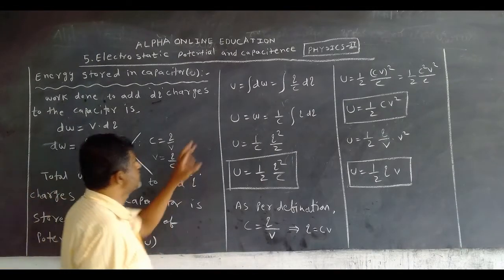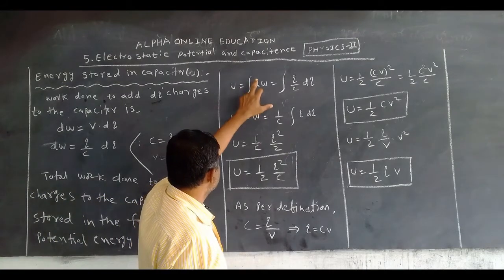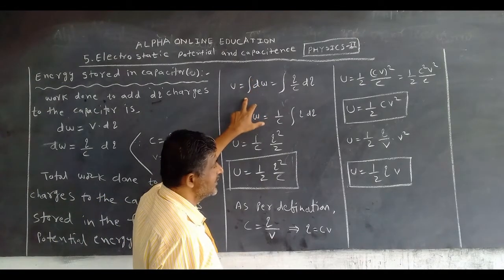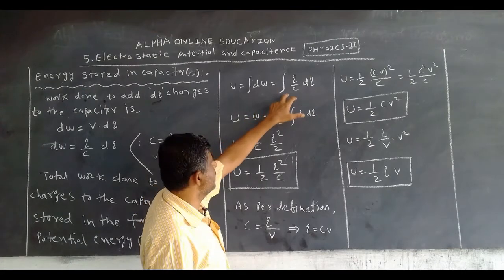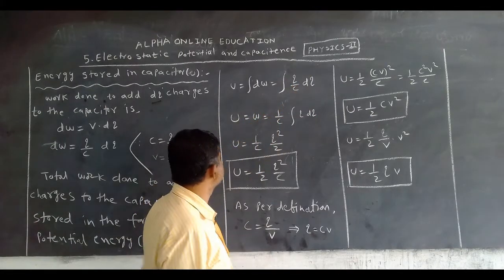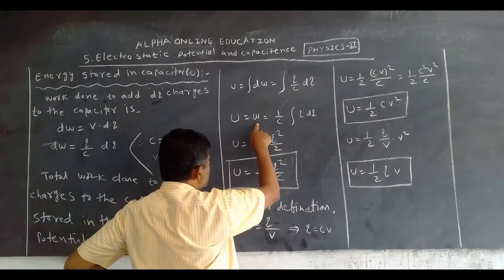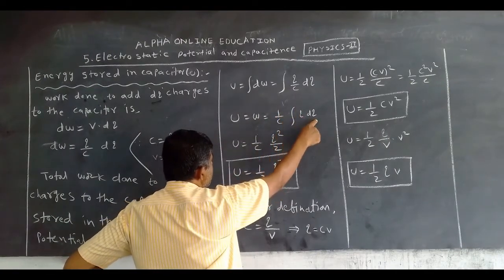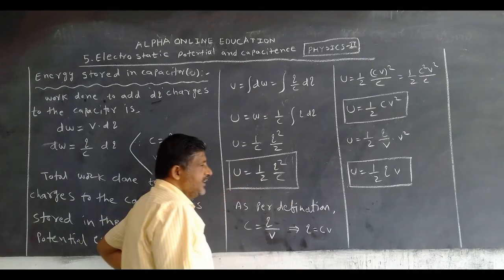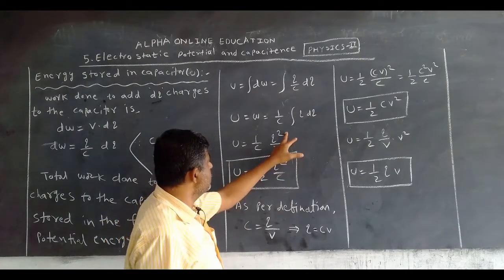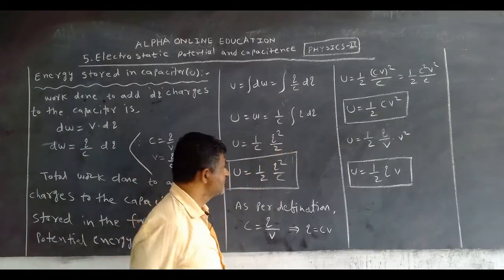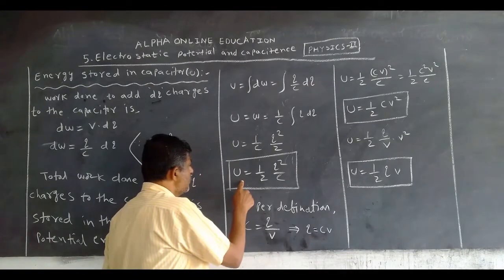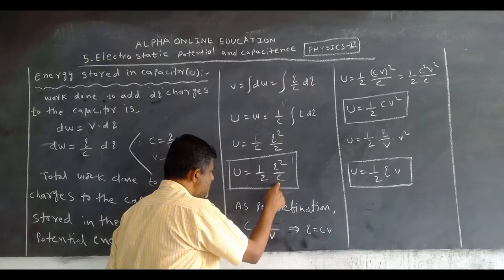The symbol is U. U is equal to the total work: integral dW is equal to integral Q by C dq. Integral dW is W. 1 by C is common, integral Q dq. What is the value of integral Q dq? Q square by 2. So the answer is U is equal to half Q square by C.